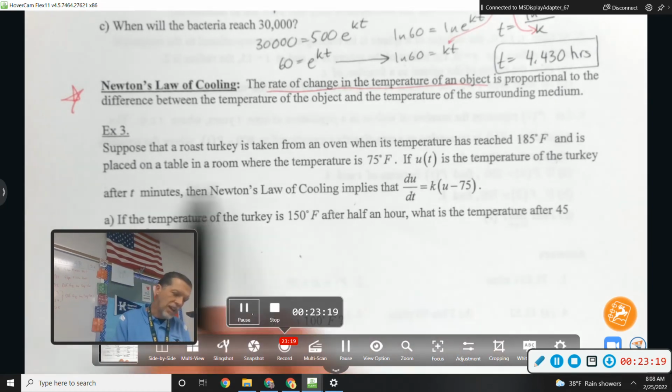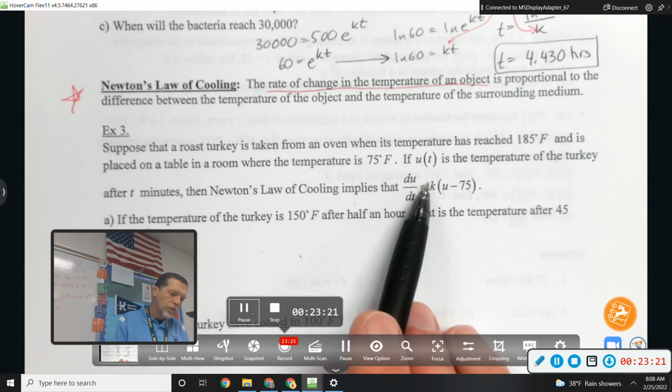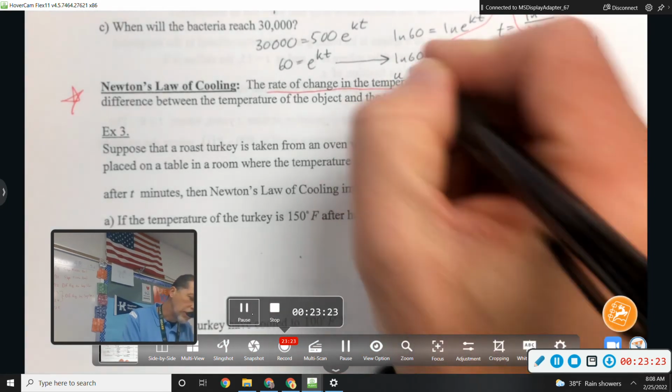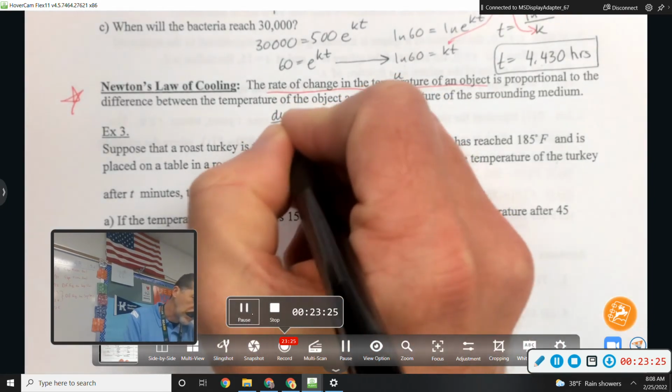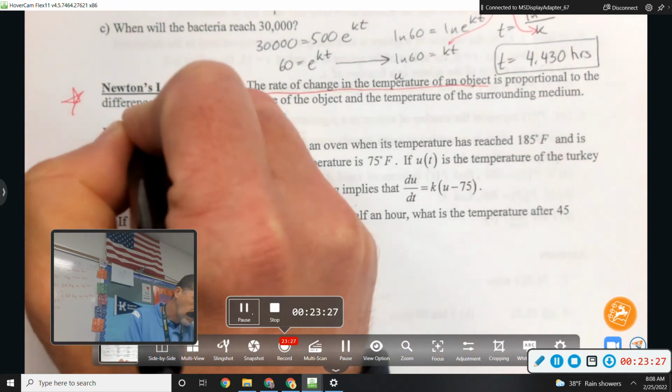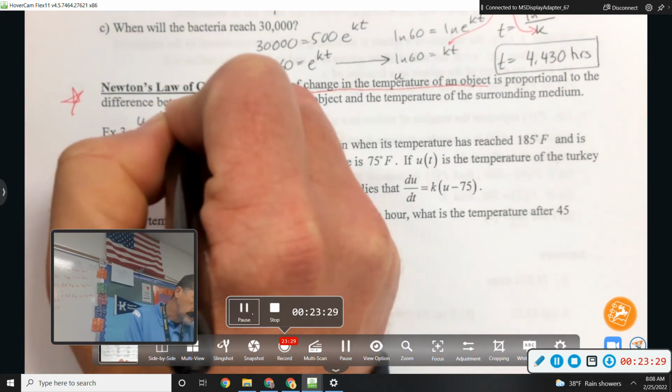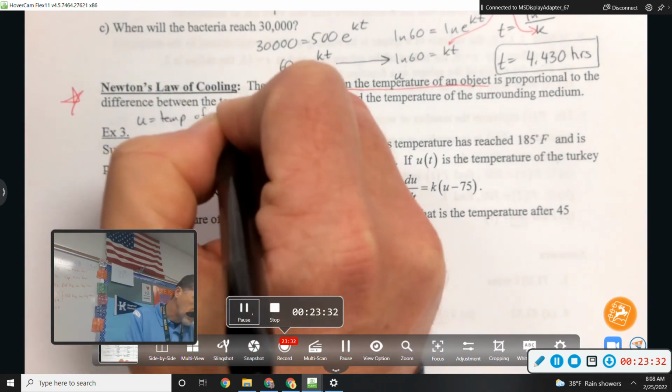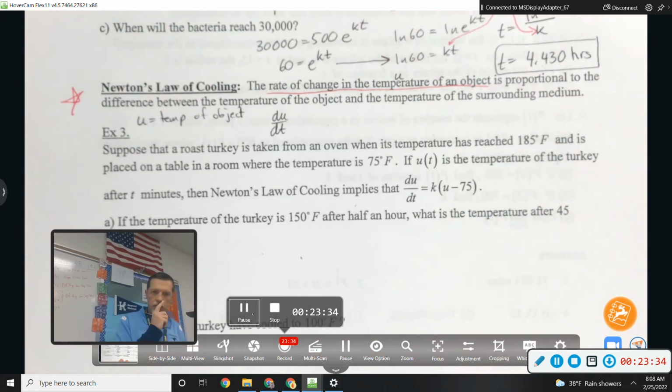It looks like they've opted for u for the temperature, so I'm going to say du dt, where u is the temperature of the object. It is perfectly okay to use a capital T and a lowercase t. If you want to use capital T for temperature and little t for time, that's fine. Just be careful. Make sure you don't get mixed up on which t is which.